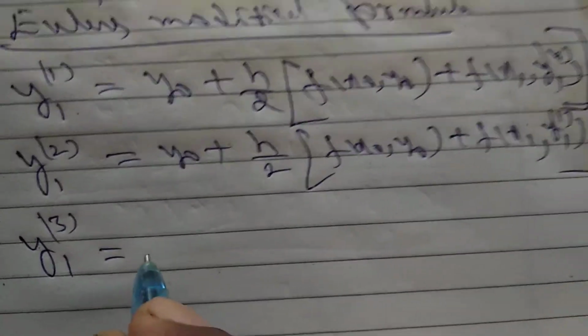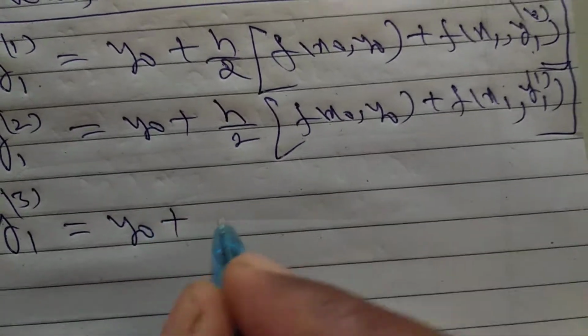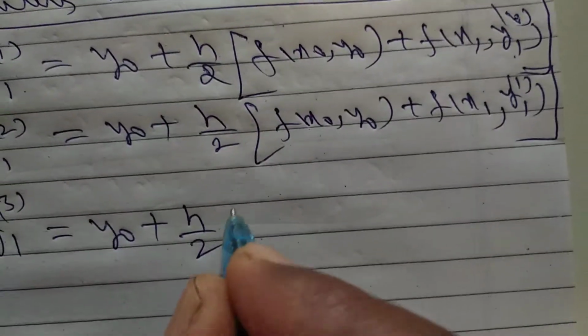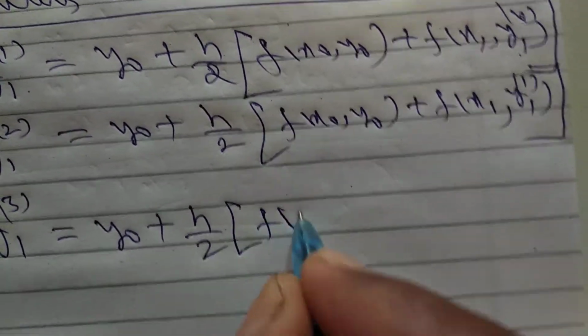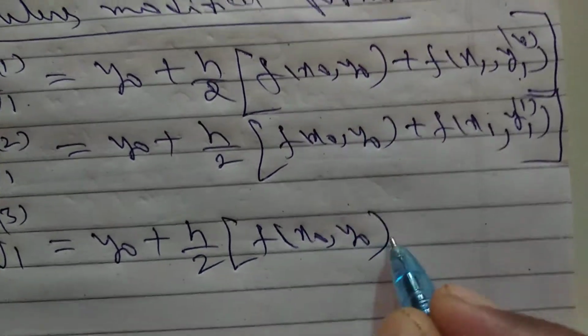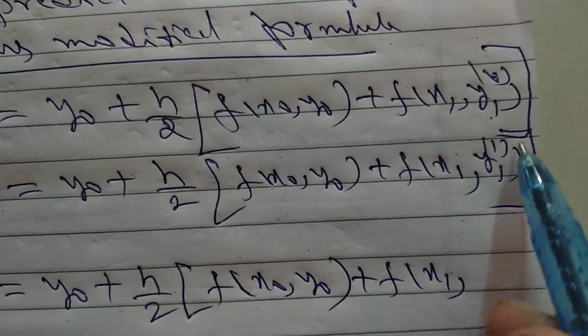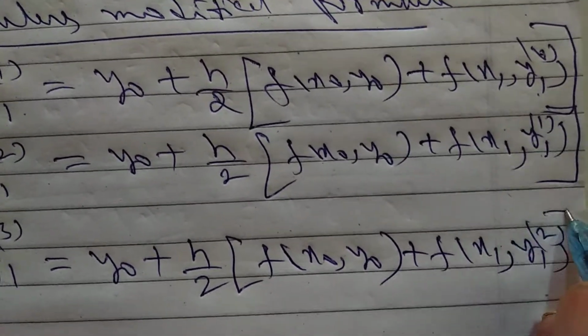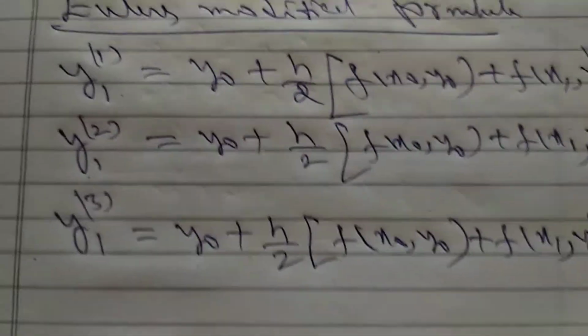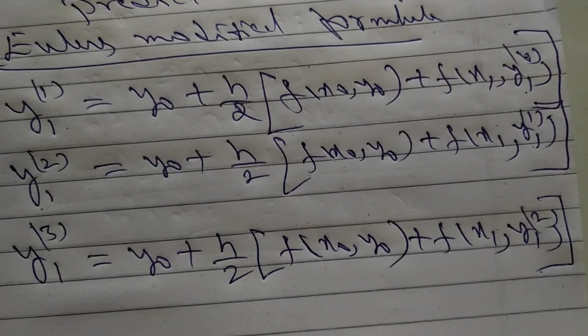The same formula: y naught plus h by 2 into f of x naught comma y naught plus f of x1 comma y1 to 2. So this process will be continued until you get the desired degree of accuracy.